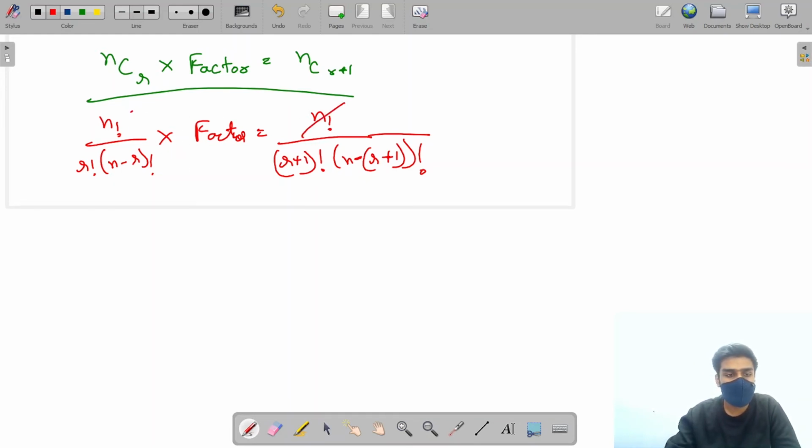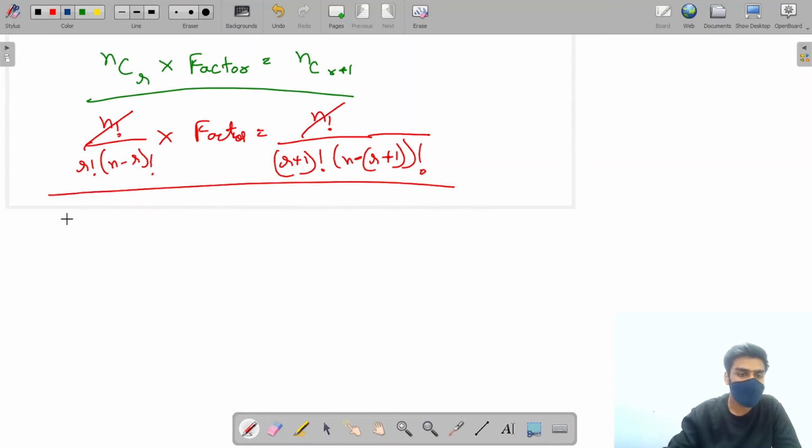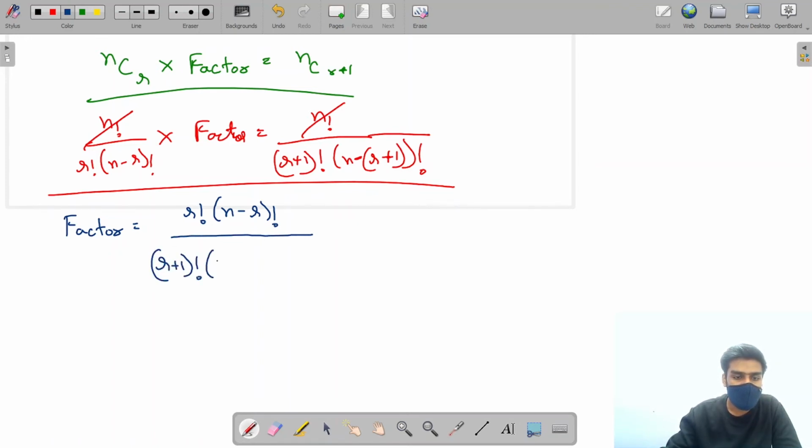We will cut this n factorial by this n factorial, and what we are left with is factor equals r factorial into n minus r factorial divided by r plus 1 factorial and n minus r minus 1 factorial.